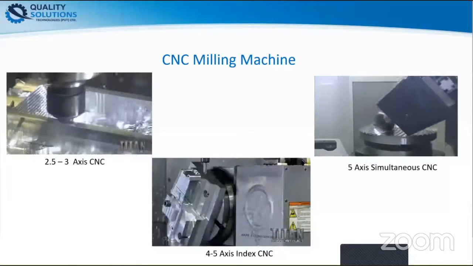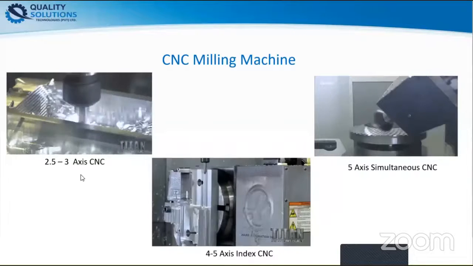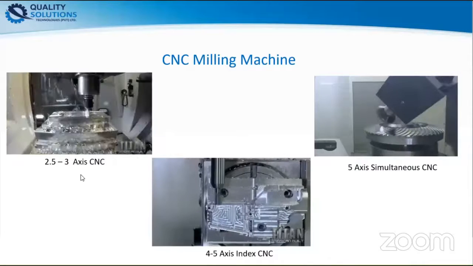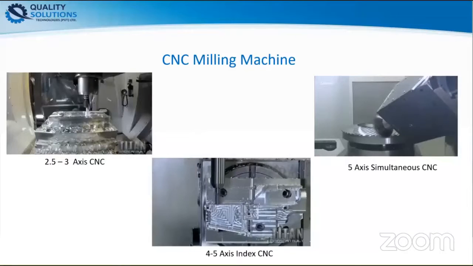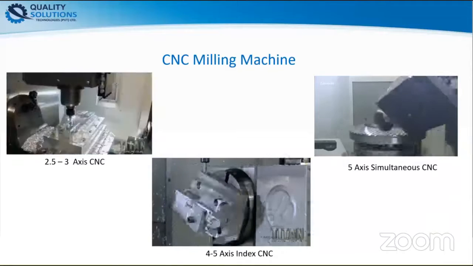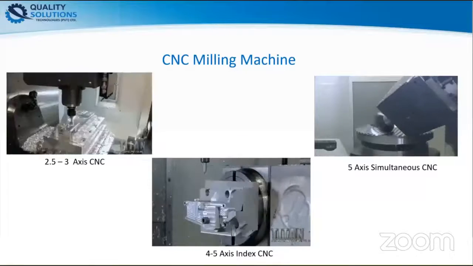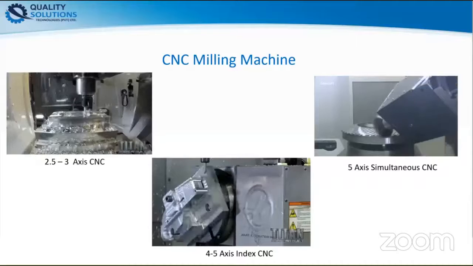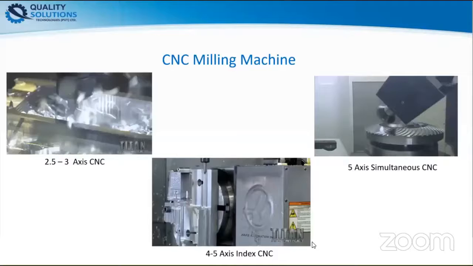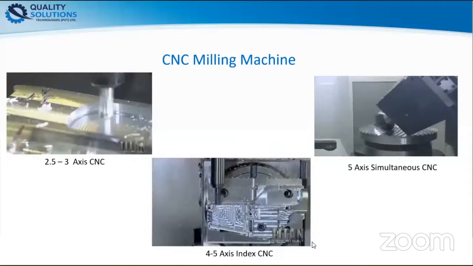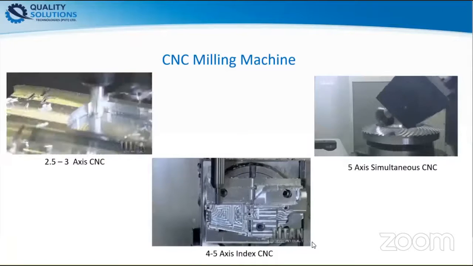If we go for 3-axis, we can perform the machining in 3 axes simultaneously. If we go a little bit higher end, we will have 4th and 5th axis index machining along with the 3 axes simultaneous. It basically rotates the workpiece to a specific degree based on our requirement, and then we can perform the 3-axis machining operation on that workpiece.